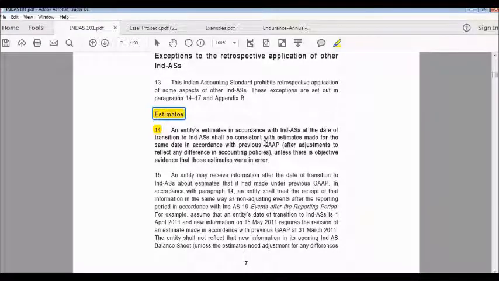So whatever estimate was made earlier as per the previous GAAP should be consistent with the estimate you apply in this Ind AS. Therefore, you cannot change the estimate.